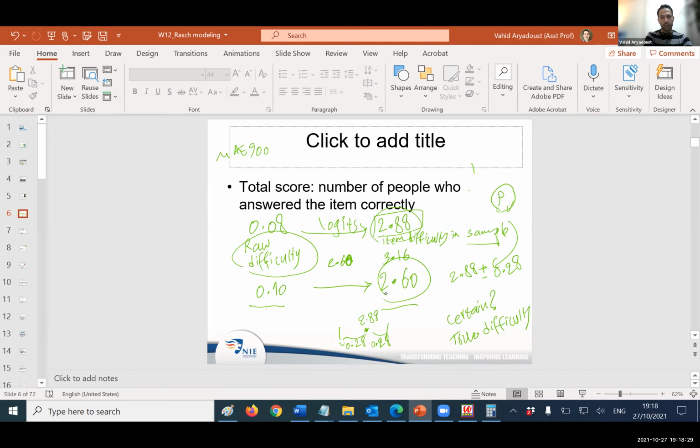3.16. Okay. So now you're saying that the actual item difficulty in the population falls between this guy and this guy. But what is it? We don't know. There's an interval that I can give you. Now, is it a big interval or a small interval?